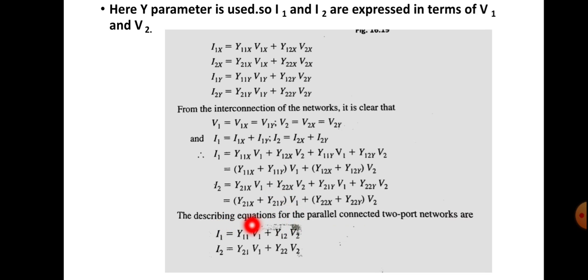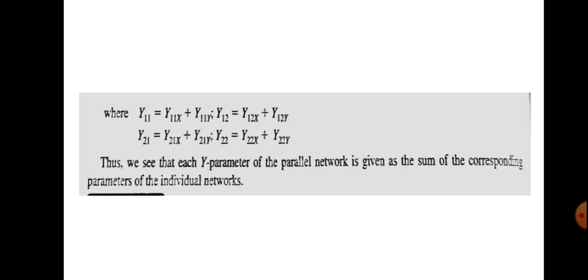When you compare this equation with this, you can see that y11 equals y11x plus y11y, y12 equals y12x plus y12y, similarly y21 equals y21x plus y21y, and y22 equals y22x plus y22y. What is its meaning? In the case of parallel connection, the y parameter of the parallel network is the sum of the corresponding y parameters of the individual networks.